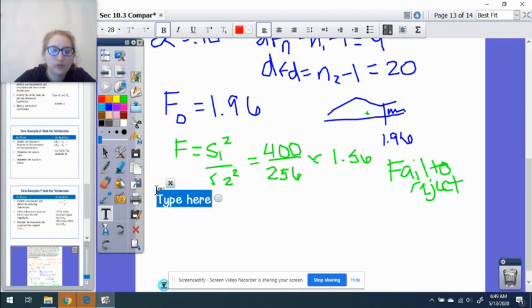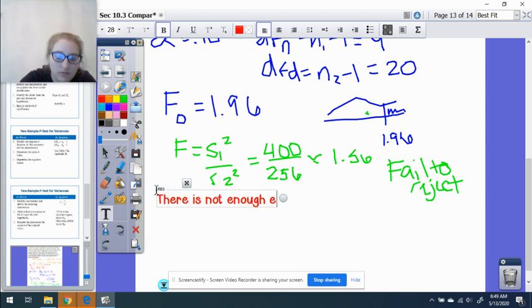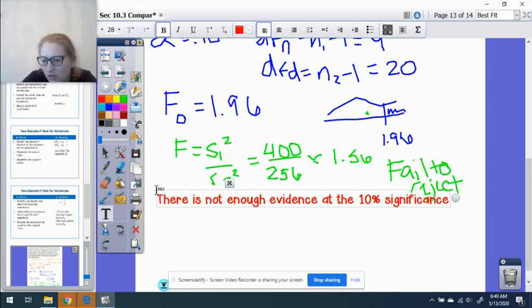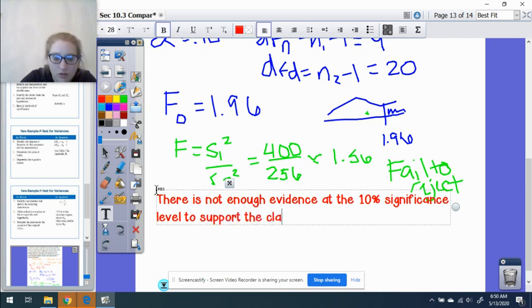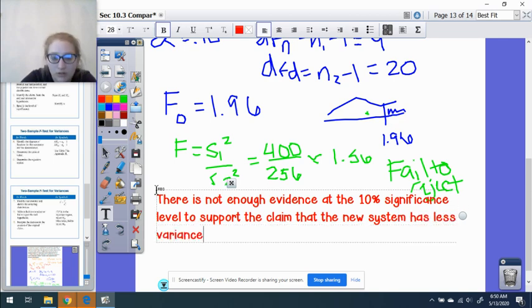Okay, so there is not enough evidence at the 10% significance level to support the claim that the new system has less variance than the old system.